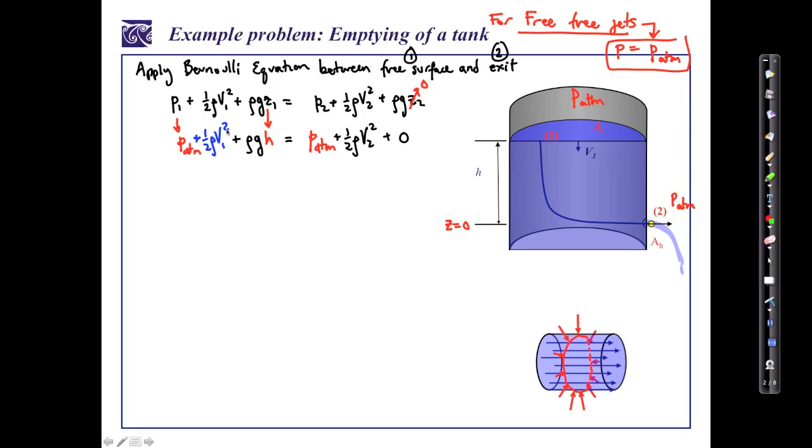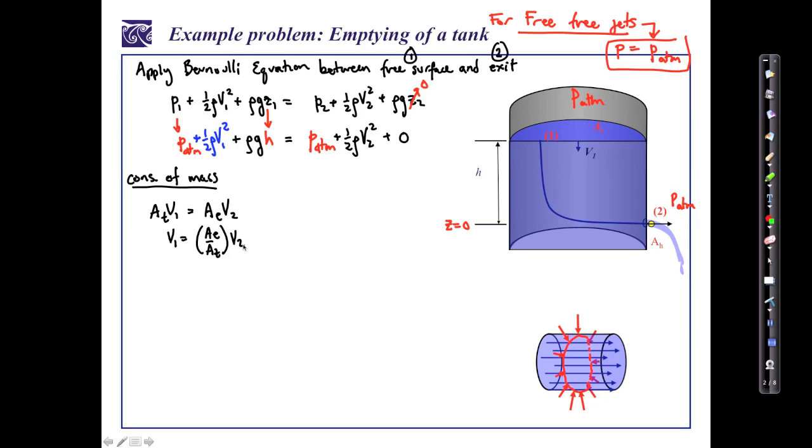Well, if we want to be strict about this, we can use our equation of conservation of mass and that assumption of a uniform velocity across the inlet and exit, and say again that AT times V1 is equal to AE times V2. And so we can relate this to V2 by saying V1 is simply AE over AT times V2. And so we could plug that in.